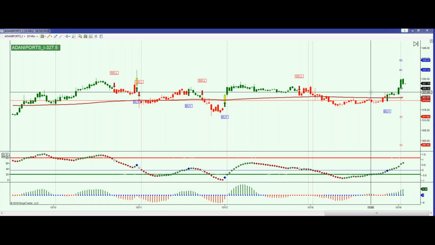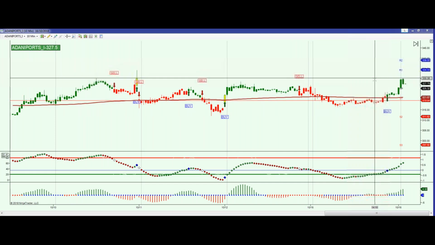So you can see the Adani Ports chart. Our entry was around 324. It was somewhere here, and it has already made 330.